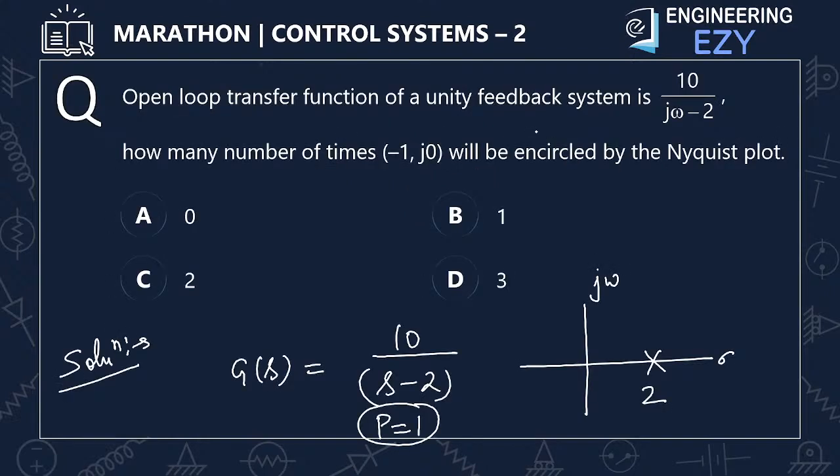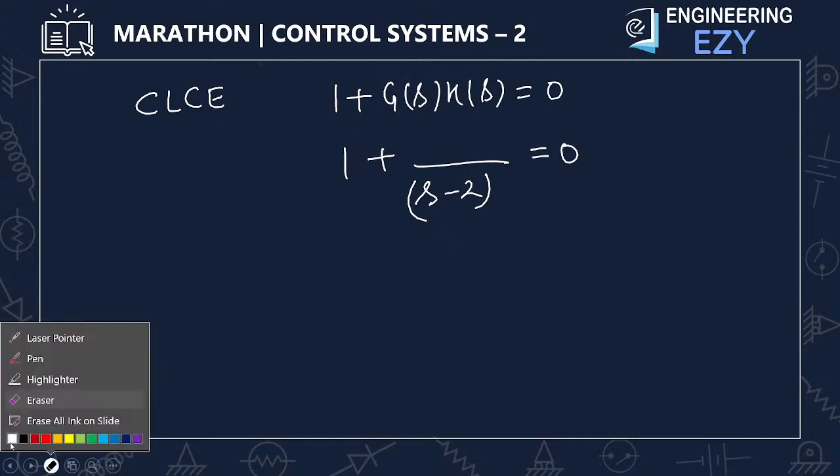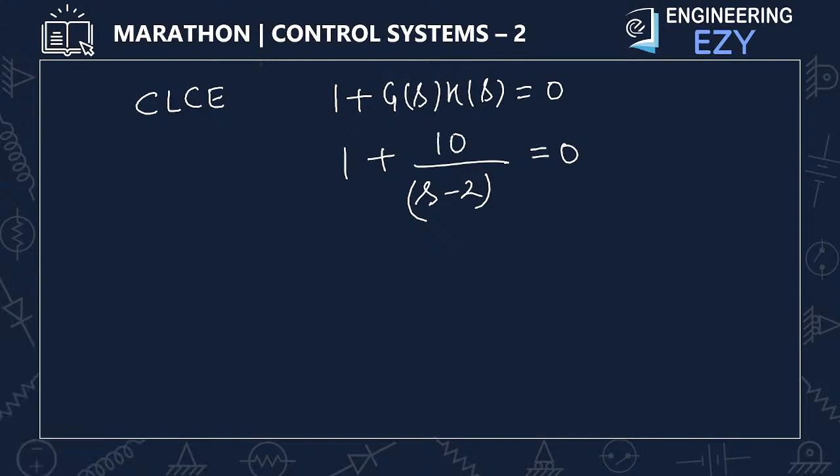And what is the value of K? K is 10. So s minus 2 plus 10 is equal to 0, which gives s plus 8 is equal to 0.